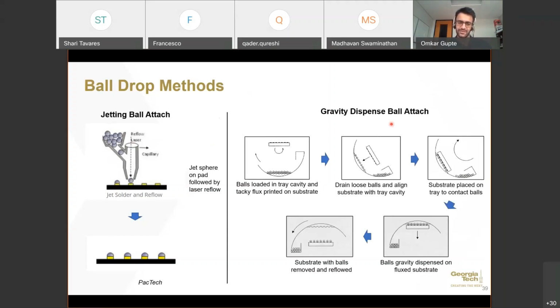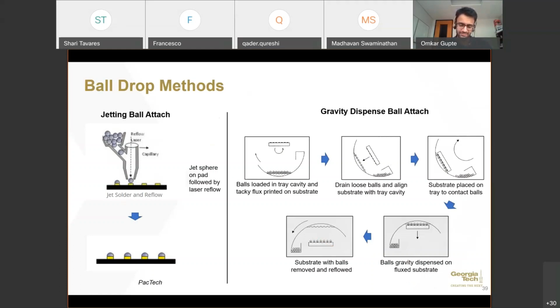And the fourth is what is called gravity dispense ball attach, where a tray cavity is loaded with balls. So there's a tray cavity here, and a substrate with tacky flux is brought in contact with this, such that the tray cavity is aligned to the substrate, and the balls from this cavity go and sit exactly on this fluxed substrate, and it is then removed and reflowed such that the solder joint is formed.